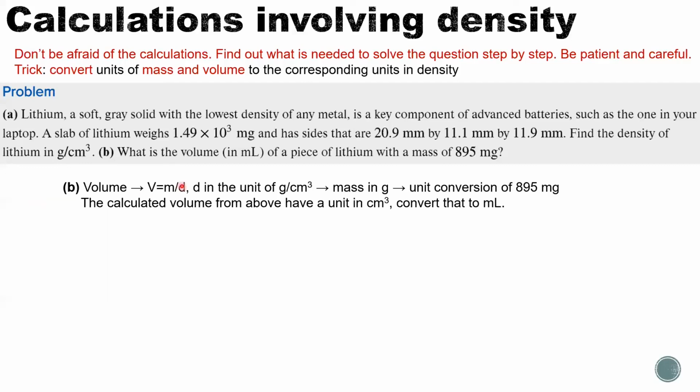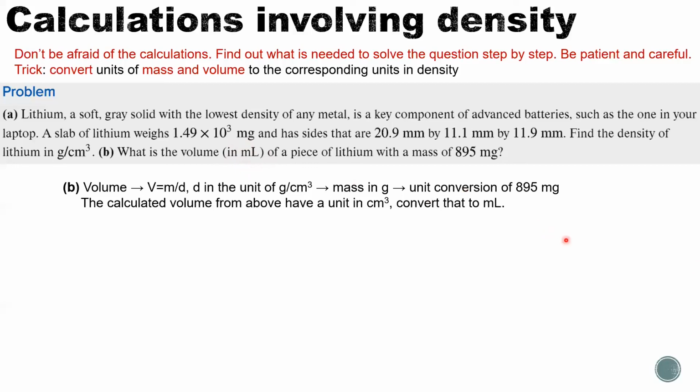So we can use the answer in the first question to do the calculation. Mass here is in milligrams, but the density unit has grams, so we need to convert the unit of mass to grams. After we get the volume, we can convert the answer to the required milliliter unit.